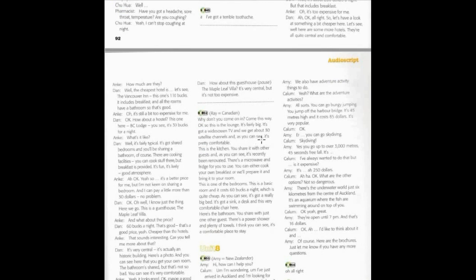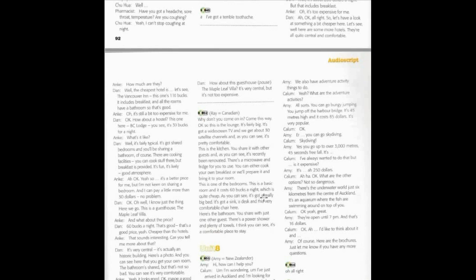And as you can see, it's pretty comfortable. This is the kitchen. You share it with other guests and as you can see, it's recently been renovated. There's a microwave and fridge for you to use. You can either cook your own breakfast or we'll prepare it and bring it to your room. This is one of the bedrooms. This is a basic room and it costs $60 a night, which is quite cheap.